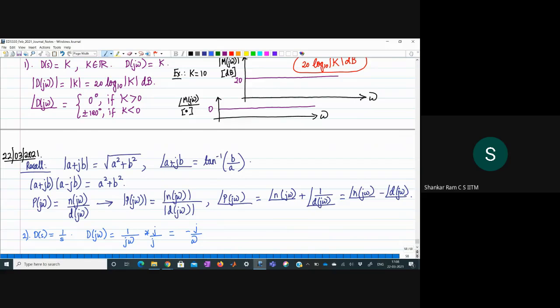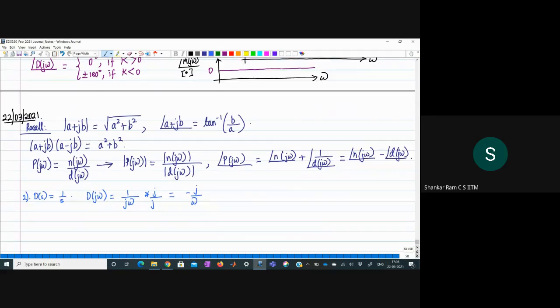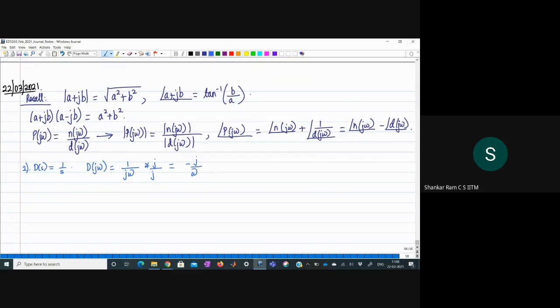Immediately we can observe that this is going to be on the negative imaginary axis if we plot it on the complex plane. Why? Because there is no real component, and the imaginary component is always negative, because omega, if we look at it as angular frequency, is going to be a positive number.